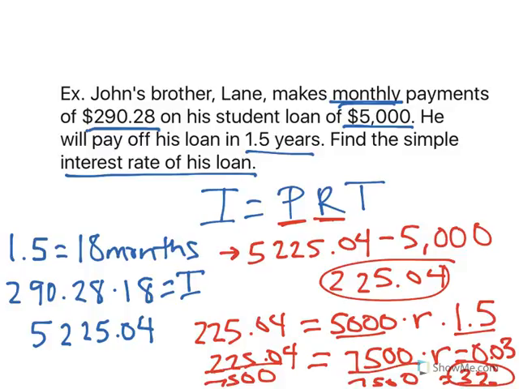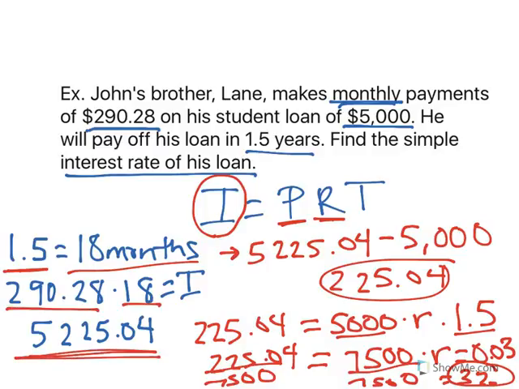So that was a little tricky, a little trickier than the other ones, but pretty much the hardest part of this one is we had to figure out what that I value was. So what I did is the monthly payments, I converted 1.5 years to 18 months. So then I knew, 18 months at $290.28, overall he was going to be paying $5,225.04.